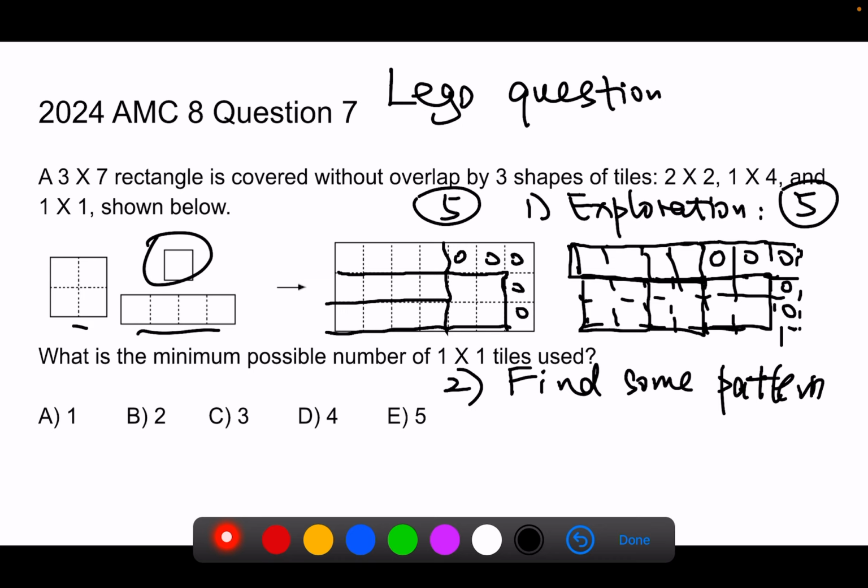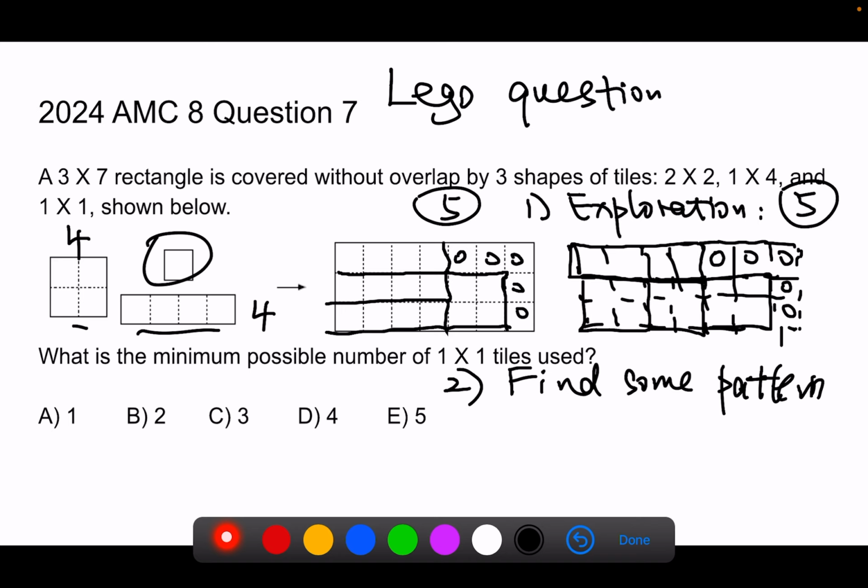We have a 2 by 2 and 1 by 4. Anything interesting about the 2 by 2 tile and the 1 by 4 tile? Some of you may notice that 2 times 2 is 4. So this tile covers 4 squares. And 1 by 4 is the same. It also covers 4 squares.